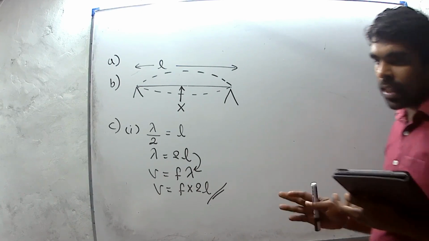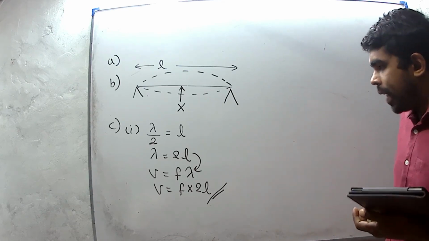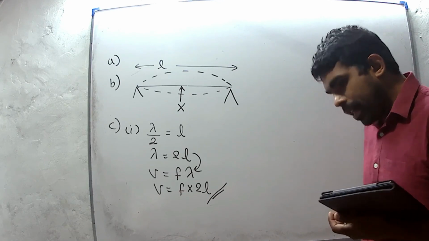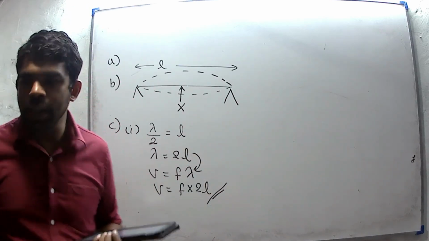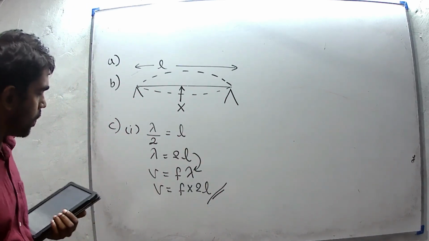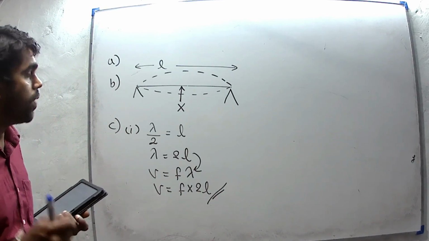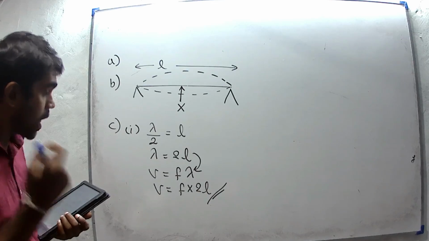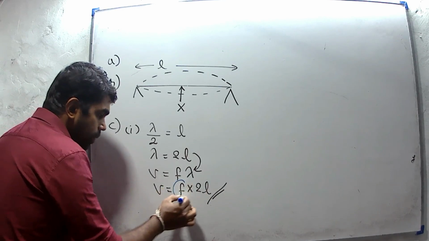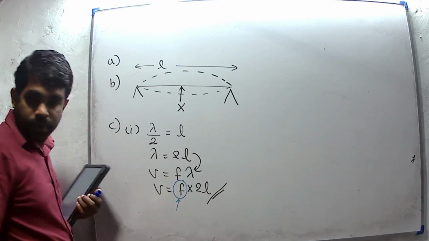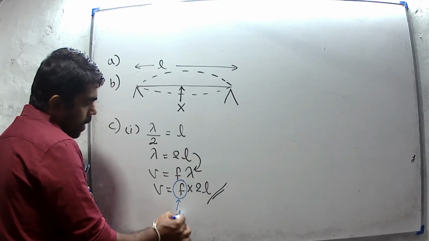We have to select the dependent and independent variables. In drawing a graph, the independent variable is the physical quantity we are changing, and the dependent variable is the physical quantity we are measuring. Now we are changing the frequency, so that is the independent variable.